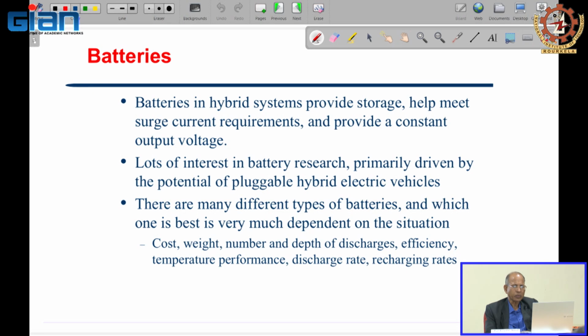Then the number of charges and discharges it can have, efficiency of the battery, temperature performance, discharge rate, charging rates. So, several technical parameters you have to consider, and then of course cost, to finally decide on selecting the appropriate type of battery.